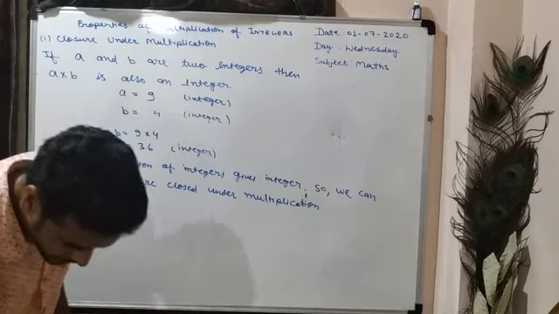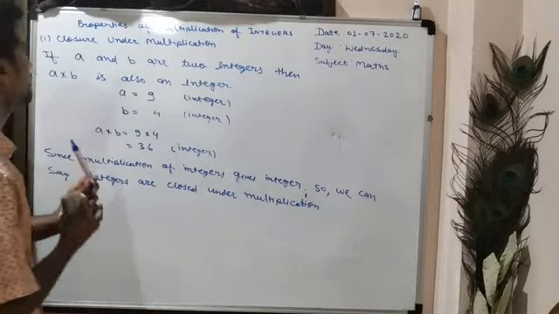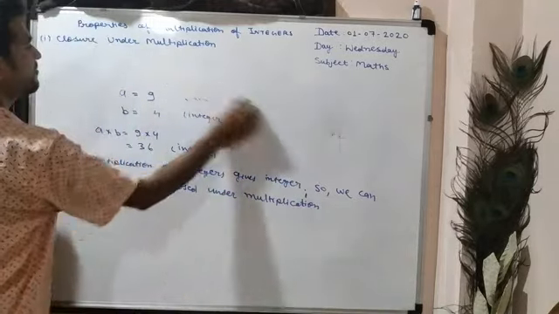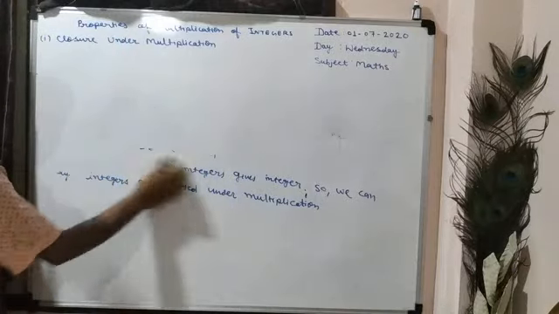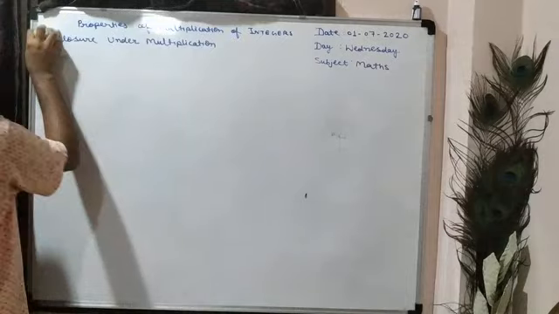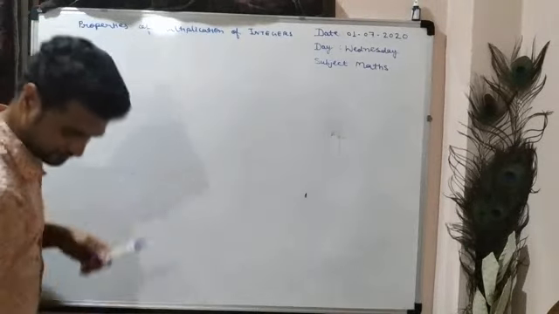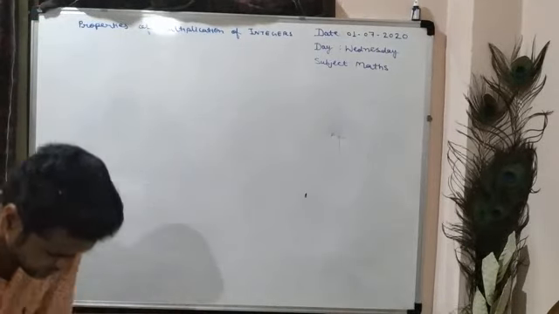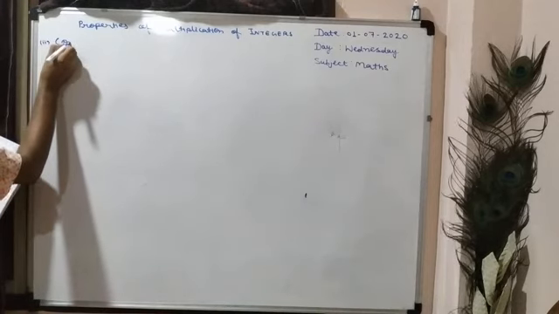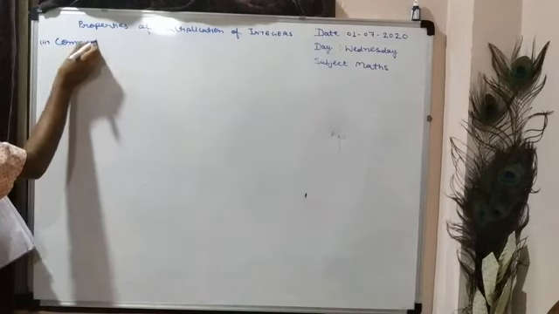Now, second property, commutative property, commutativity of multiplication.